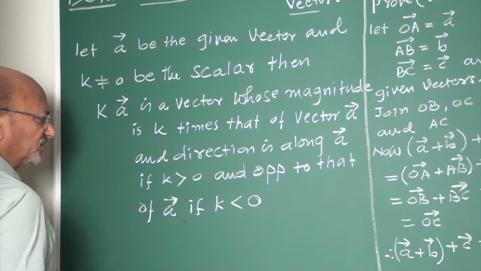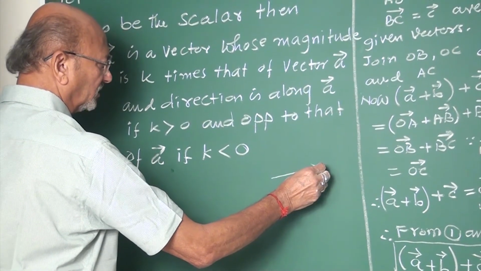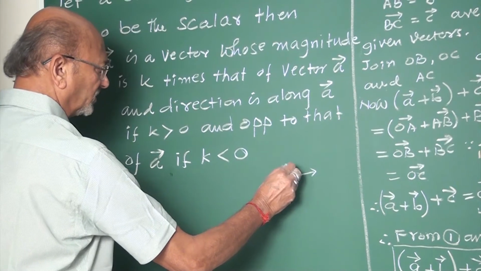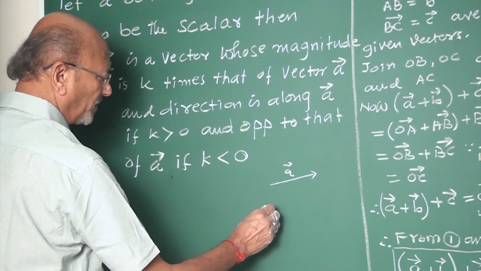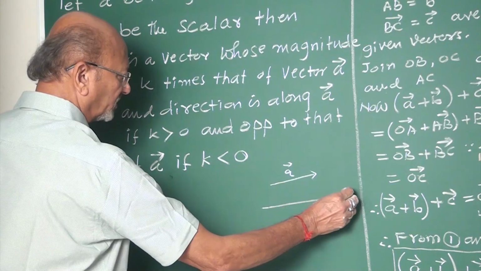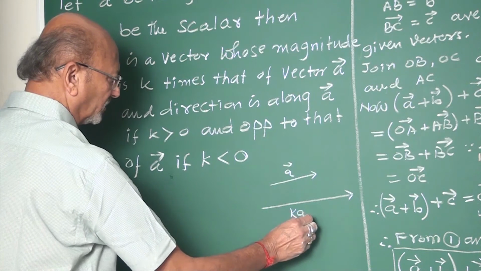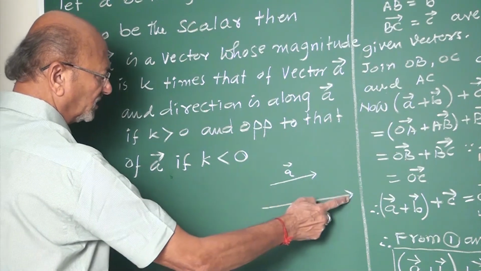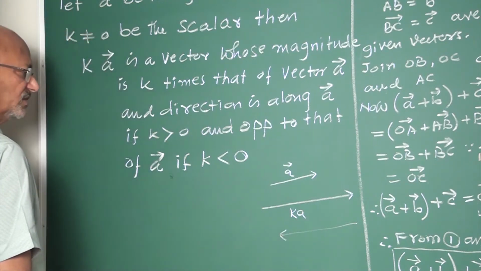Yes, my friends. If this is the vector A, 2 times means what? Double. This is the vector where we have multiplied by k. If k is positive it is in the same direction, if k is negative it is in the opposite direction.